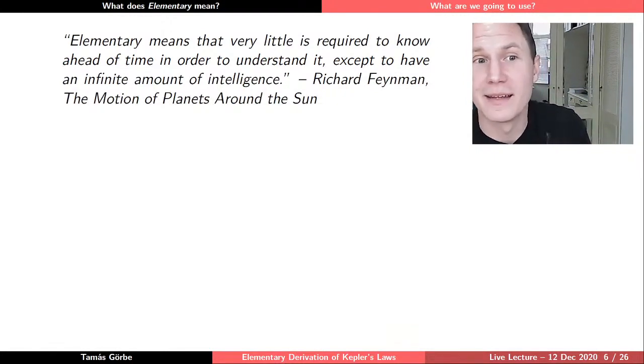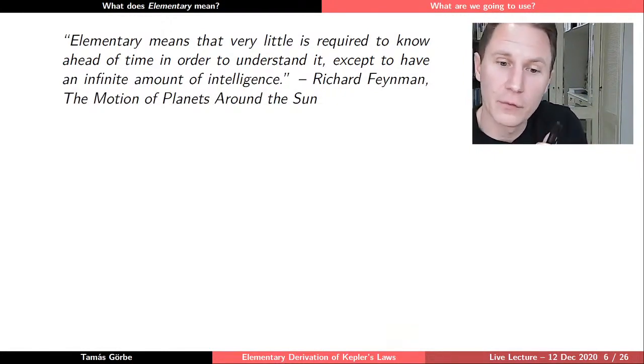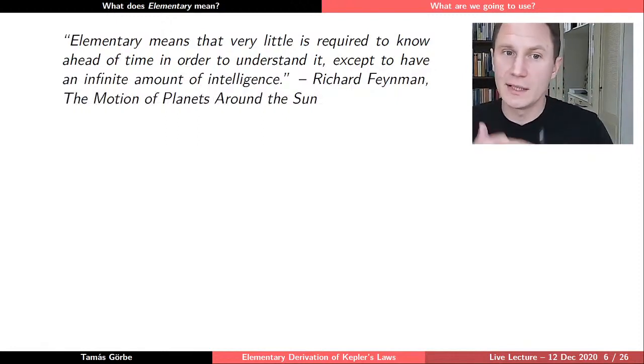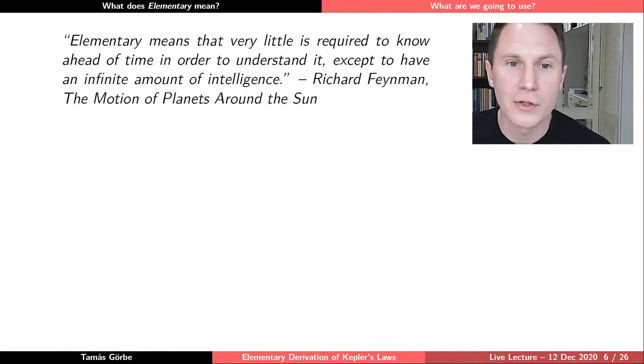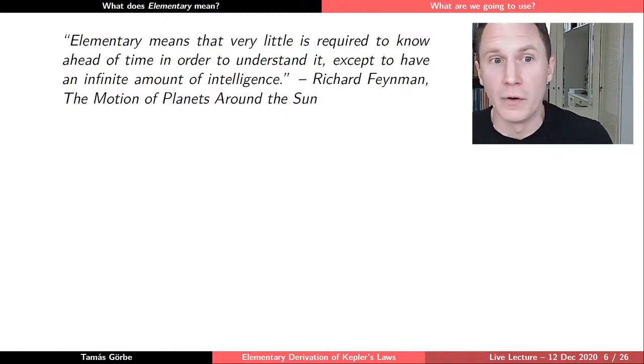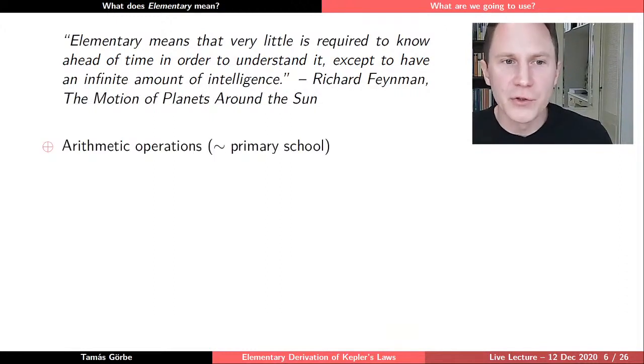Each step is kind of easy to follow, and you are starting from something that is not that much. In the end you will see this nice structure of your argument resulting in Kepler's laws. Hopefully. So what are we going to use?